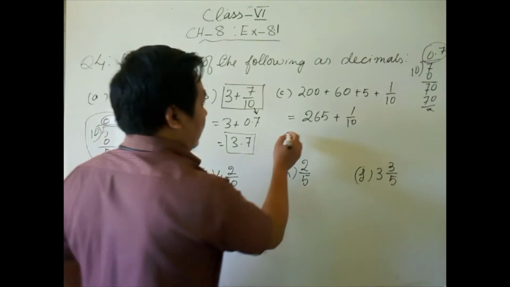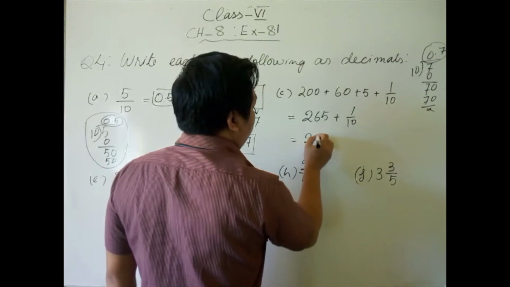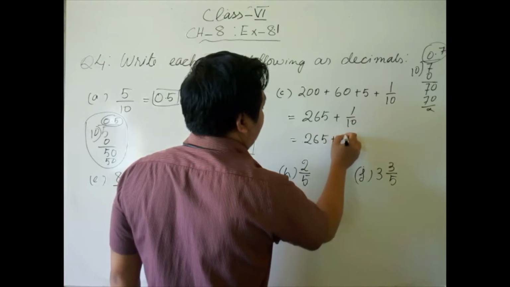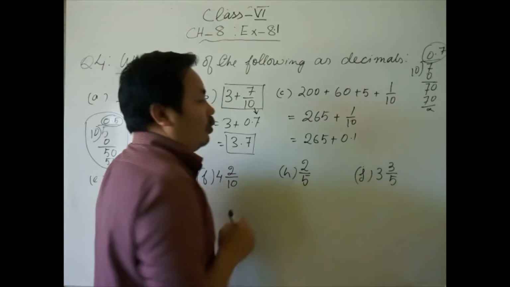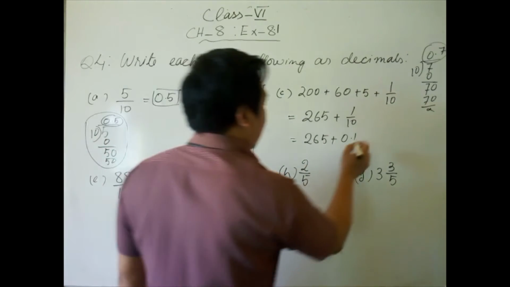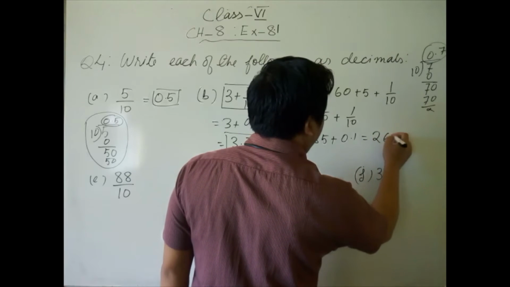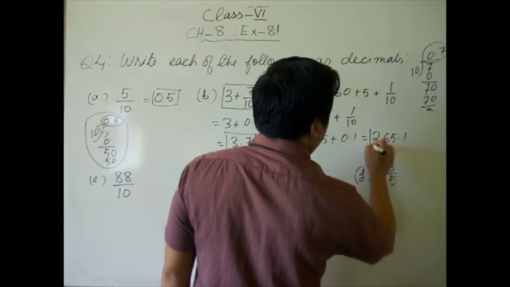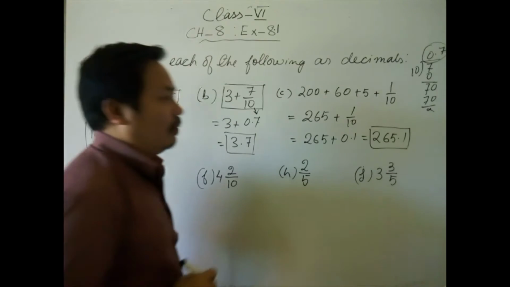Isn't it? 1/10 means 0.1. So 265 plus 0.1. Then you are getting here 265.1. So this is a decimal number, right?